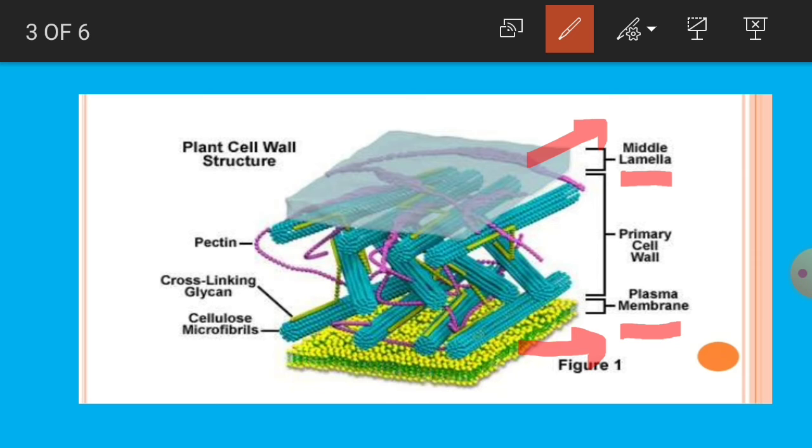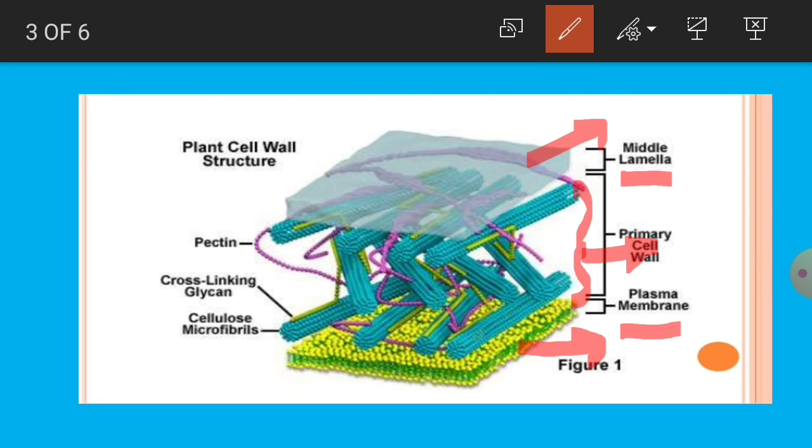Below the middle lamella and above the plasma membrane, you can see this part. It is called what? Primary cell wall. Here in the primary cell wall, you can see rod-like structures. They are called macrofilaments. Each macrofilament is 1 micron in length and half micron in diameter, and contains around 250 microfilaments.